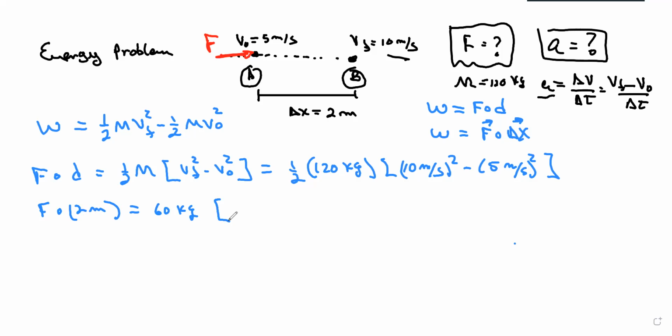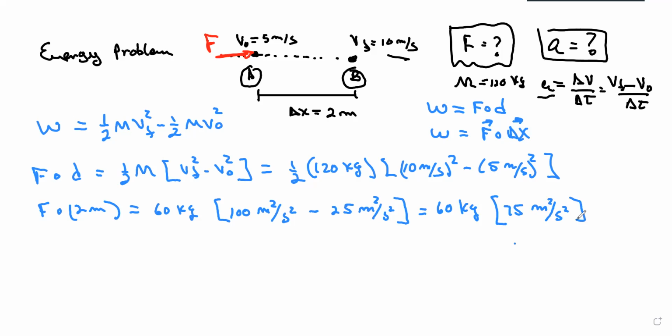And then you have 100 meters squared over seconds squared minus 25, because you have to square the units. 5 times 5 meters squared over seconds squared. So this is going to be 60 kilograms times 75 meters squared over seconds squared.